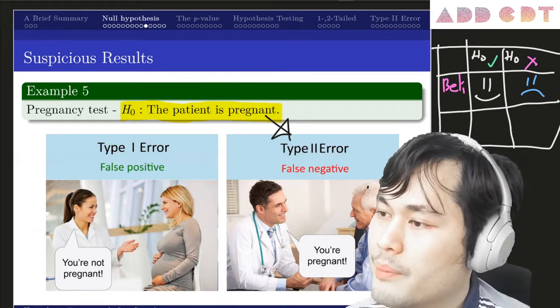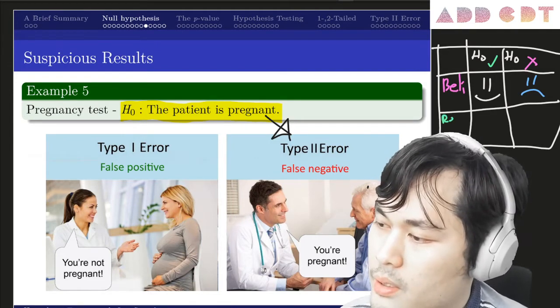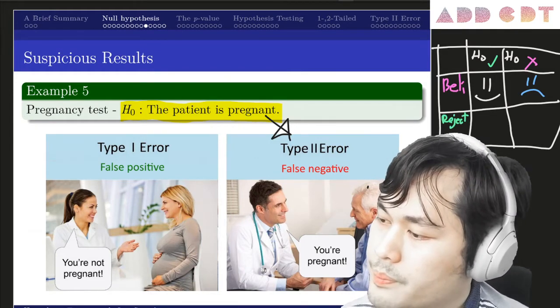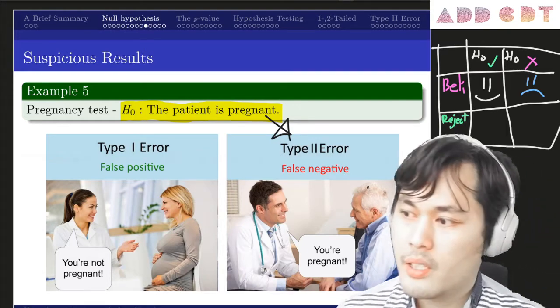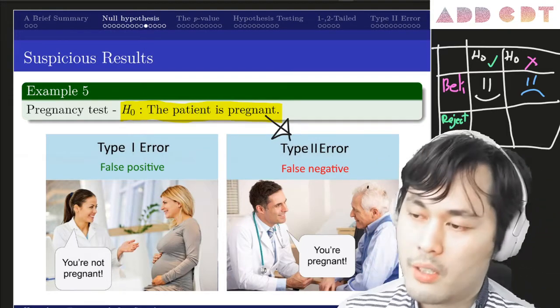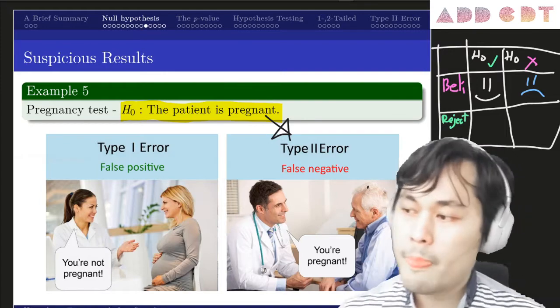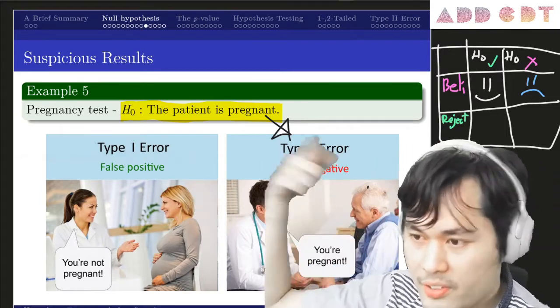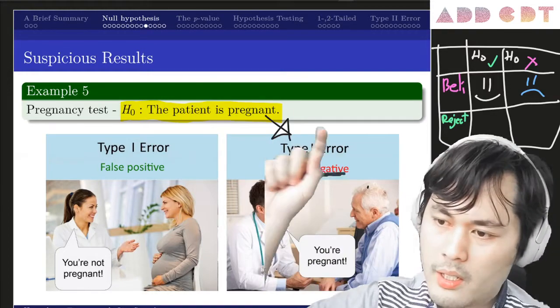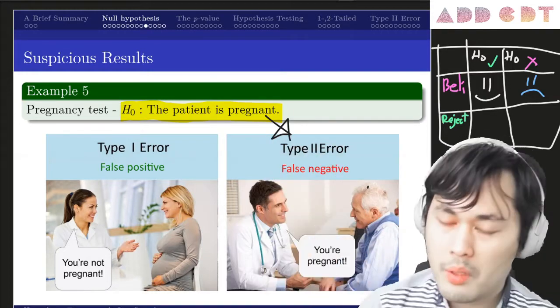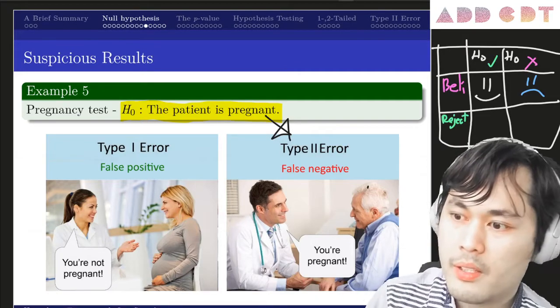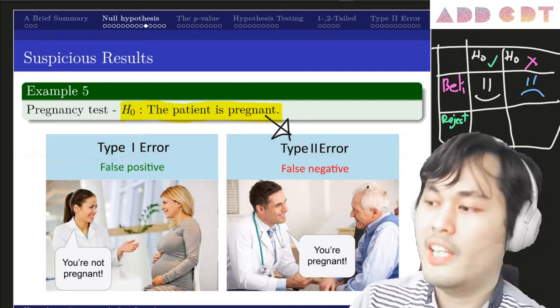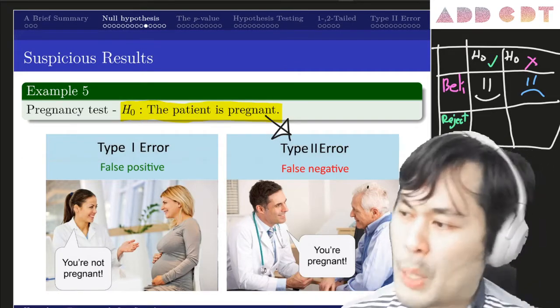And the second one is that we reject the possibility that the patient is pregnant. Maybe it comes from a different way. Maybe the other doctor sets up the hypothesis. Maybe we didn't do it ourselves. Someone else did it for us. And then we have to test whether it is true or false.